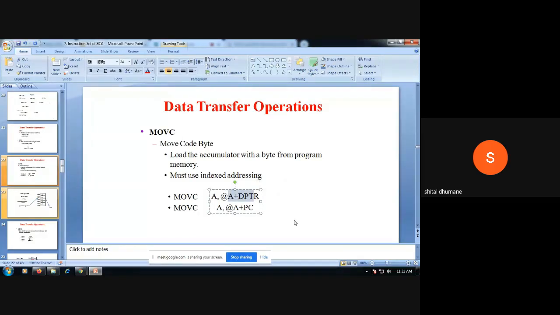That means the contents of the accumulator will get added to the contents of DPTR. After addition, whatever data you get indicates your memory location. At that memory location some data will be there, and that data will get copied into your accumulator. We'll see this in the next slide.